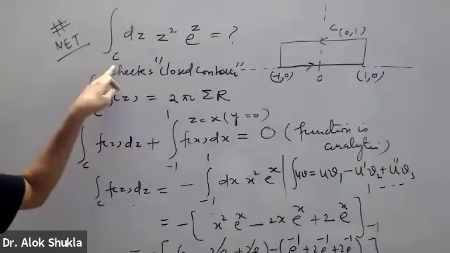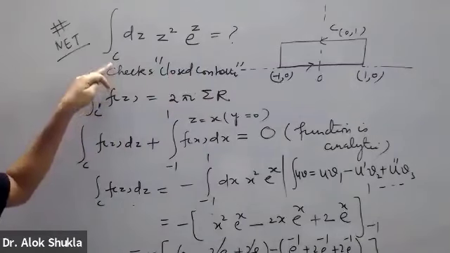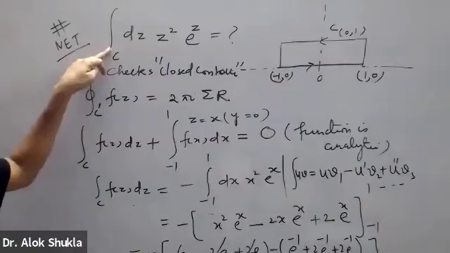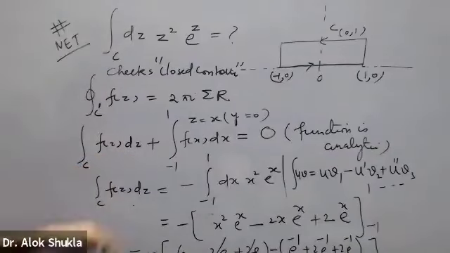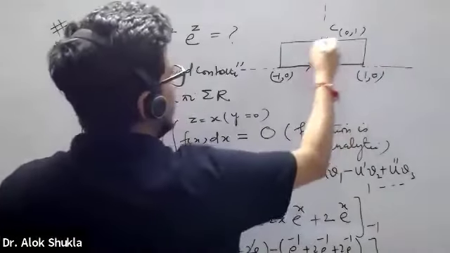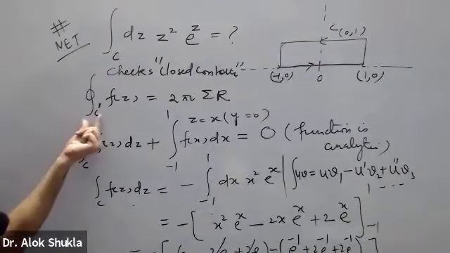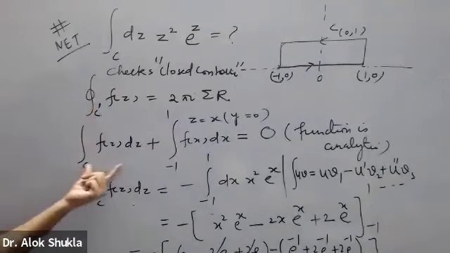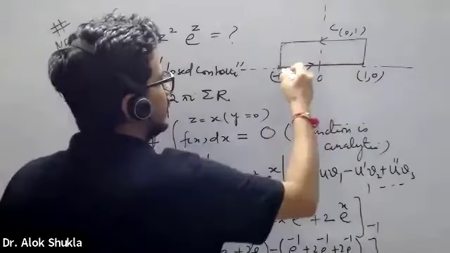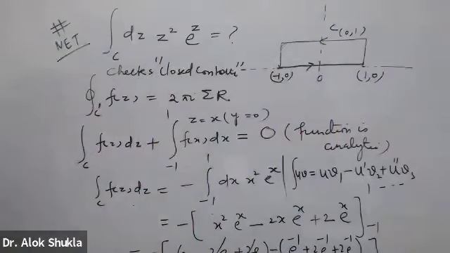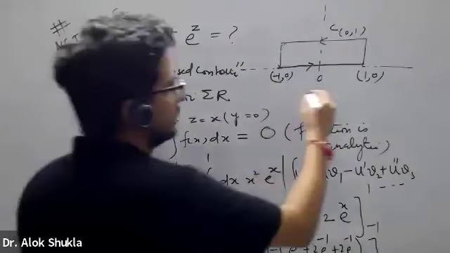They have asked the integral for an open contour. But we have made another contour which is a closed contour, and our open contour is part of that. So if I go from here to here and then from here to here, it will be a closed contour. So I have written C dash like that, and that is the sum of these two. One is this C and another one is this straight line, which is z is equal to x, moving on the real axis, because this axis is the real axis.